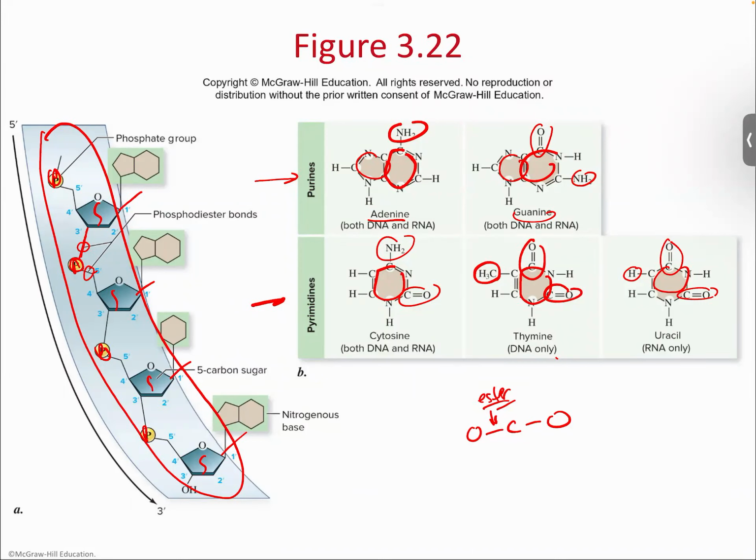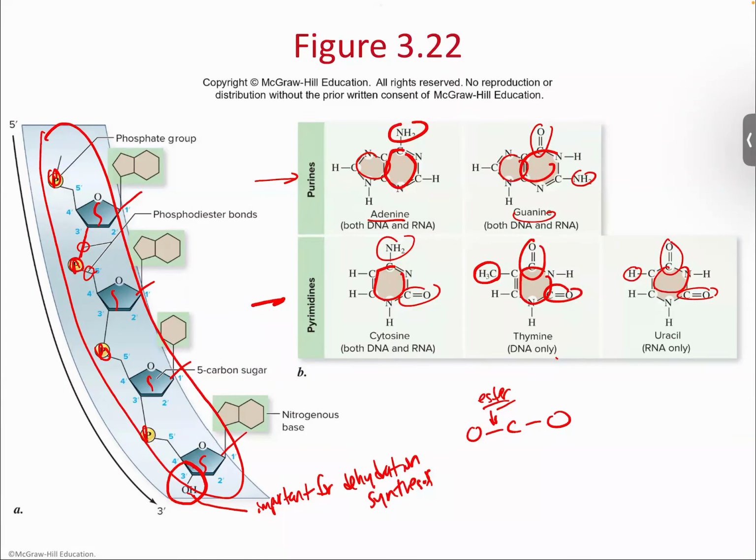The other thing to understand is if you take a look down here at the bottom, notice what's sticking out on the 3' end is this hydroxyl group. Why is that important? This is important for dehydration synthesis. Why?